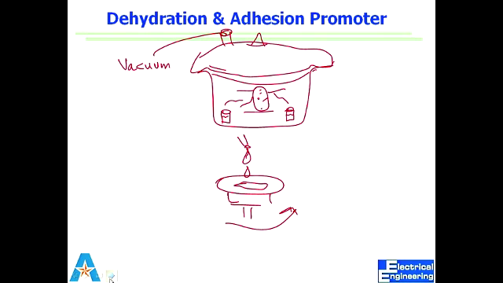So that container will have liquid HMDS, from which evaporation will result in a high concentration within that chamber, and they will stick to the silicon surface. Right? So that is what we call a vacuum chamber application.